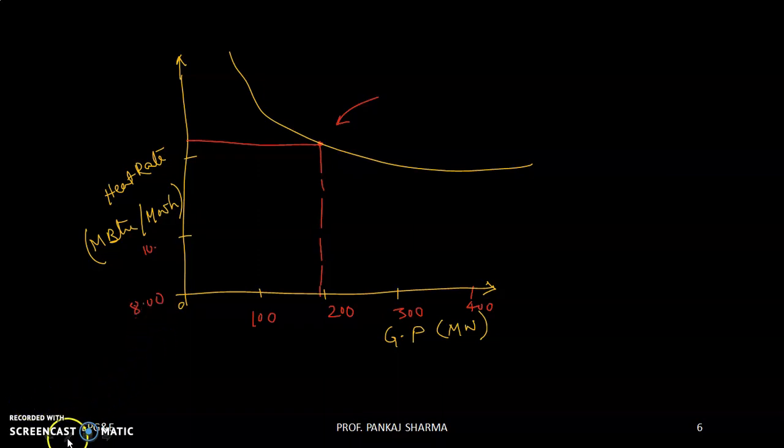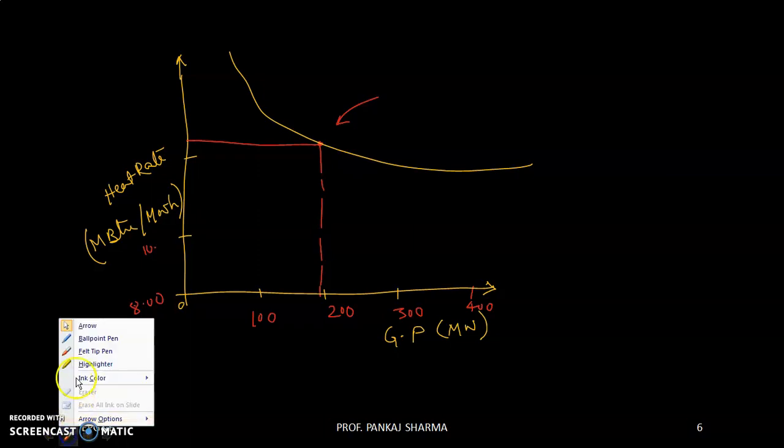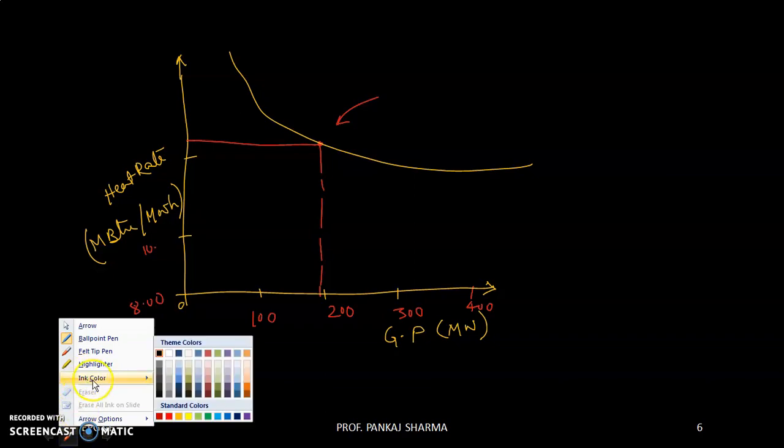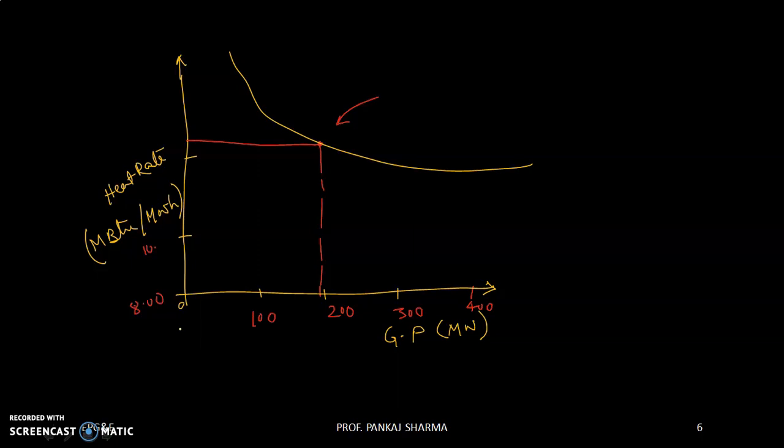The y-axis is your heat rate and the unit is MBTU per megawatt hour.